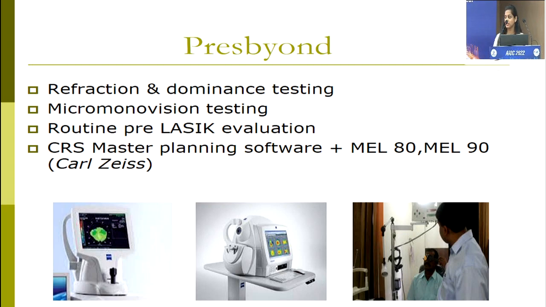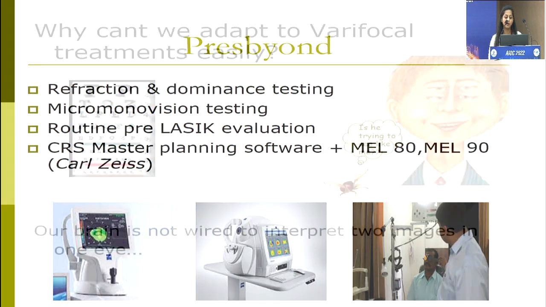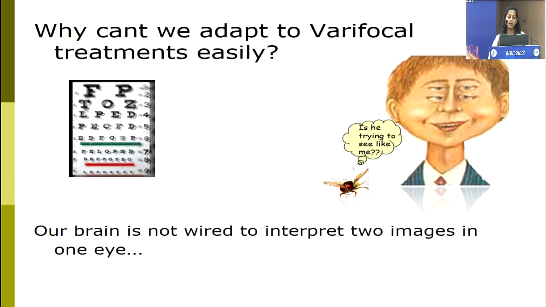Micro monovision, we need to see whether the patient accepts the micro monovision, and the regular routine pre-LASIK evaluation, being the dry eye evaluation, and then the treatment is planned in the CRS master planning software. And why can't we adapt the varifocal treatments easily? That is because the brain is not wired to interpret the 2 images as one.